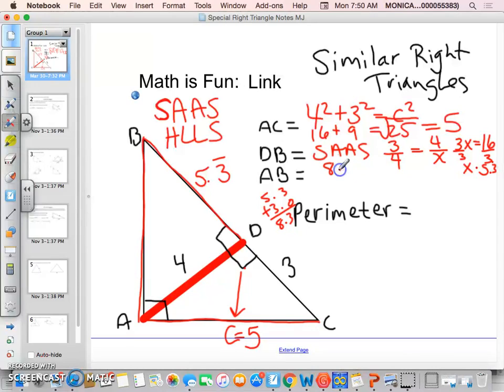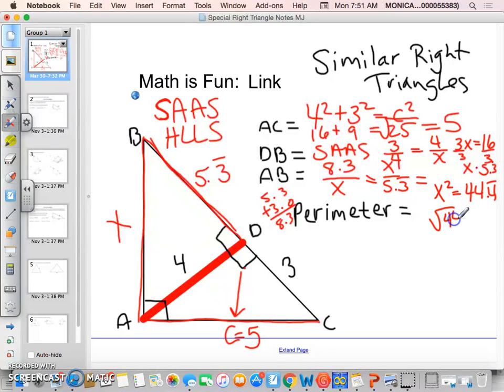So I could say 8.3 over x equals x over, so this is the side, and this is the side that attaches to it, so I have to put 5.3. And that gives me x squared equals 44.4 repeating. So then if I take the square root of 44.4 repeating, I get 6.666 repeating, right? So I can say that this is 6.6 repeating.